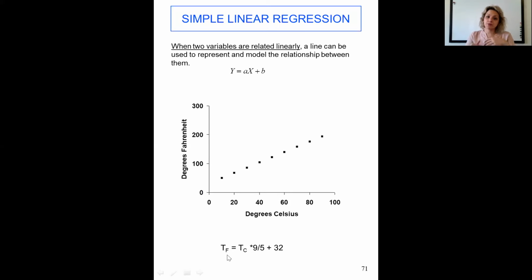So when we say regression models, we talked about that quickly before. We have two different types of models. We have mechanistic models, or mathematical modeling, and we have empirical models. Empirical models are the same as regression models.